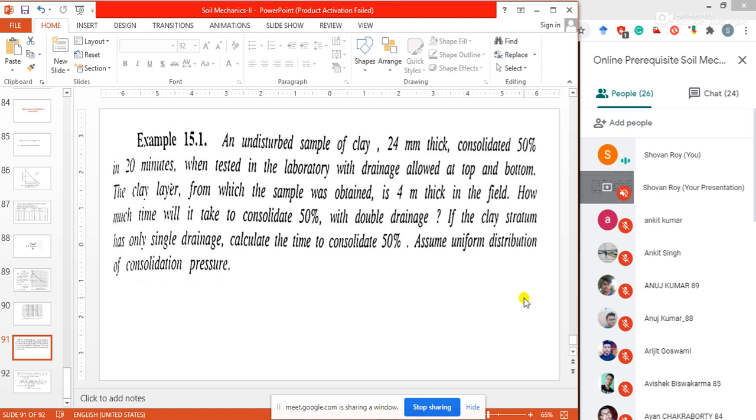How much time will it take to consolidate 50% with double drainage? If the clay stratum has only single drainage, calculate the time to consolidate 50%. Assume uniform distribution of consolidation pressure. Please write this question. All of you please write this question.